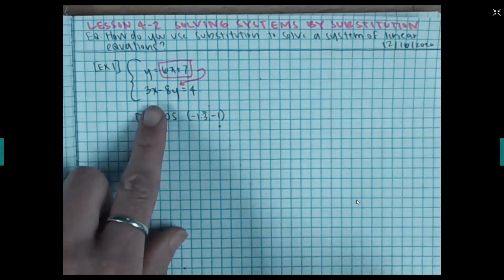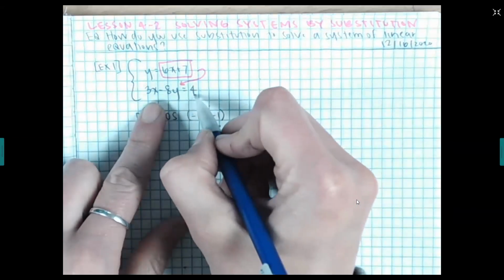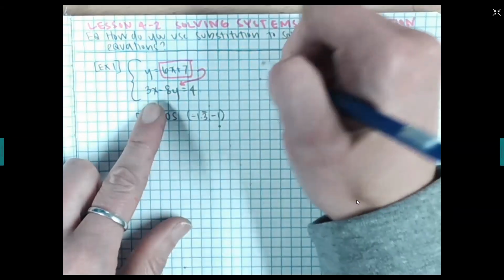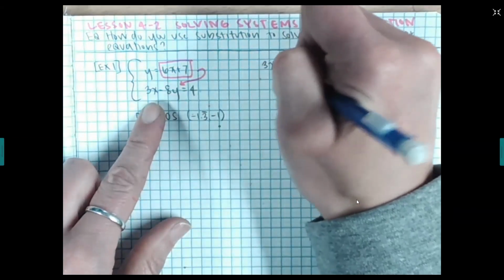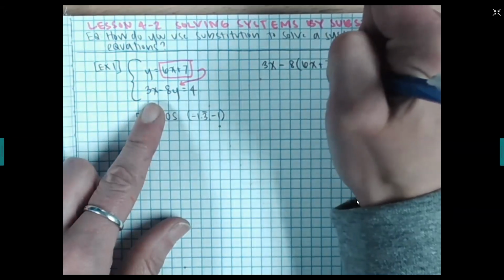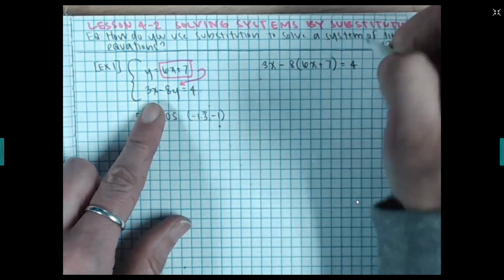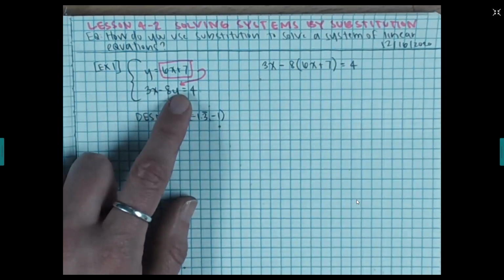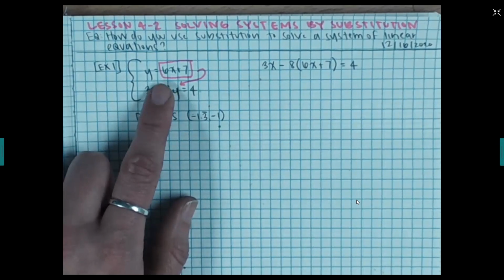So when we do that, we can rewrite this second equation, but instead of y, we plug in 6x plus 7. So I substituted the 6x plus 7 in for the y because they are equal to each other.